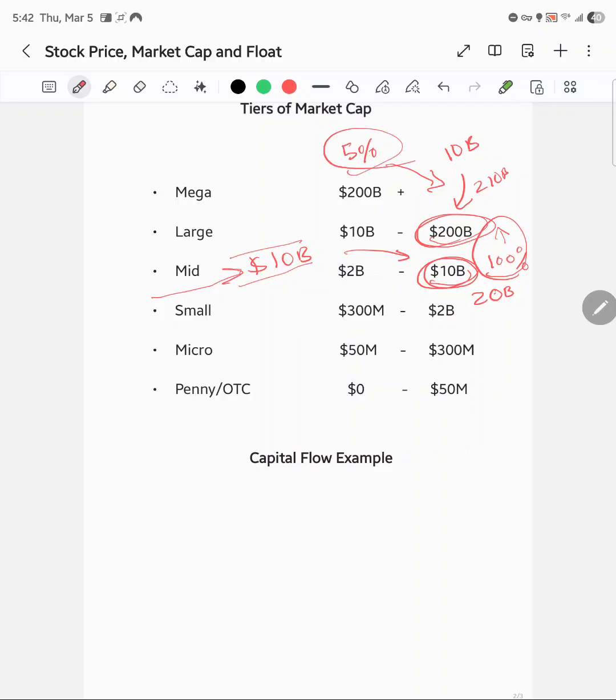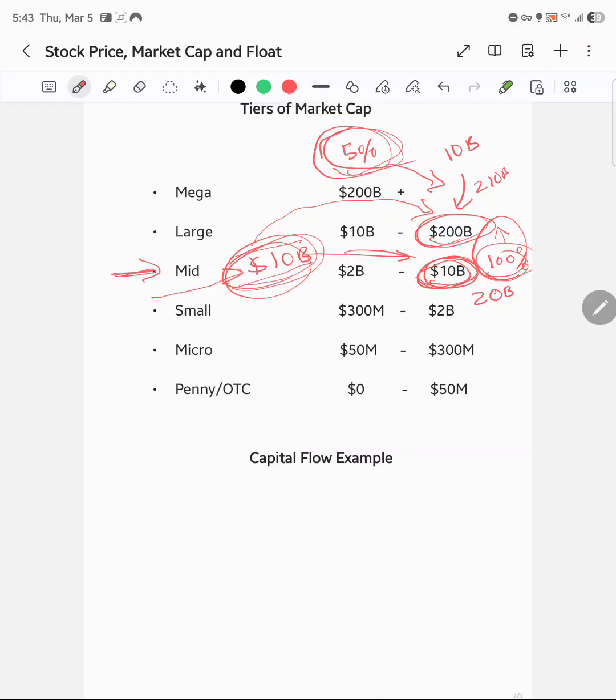Here, on one hand, we have a mid-cap company with $10 billion market cap. We put $10 billion, it goes up 100%. But if you take that same amount of money, put it in a $200 billion market cap, that stock only sees a 5% gain.